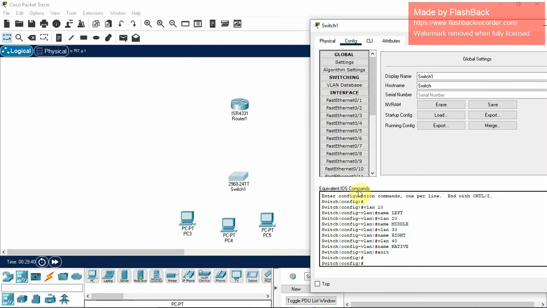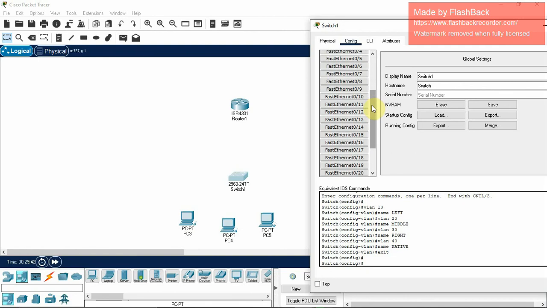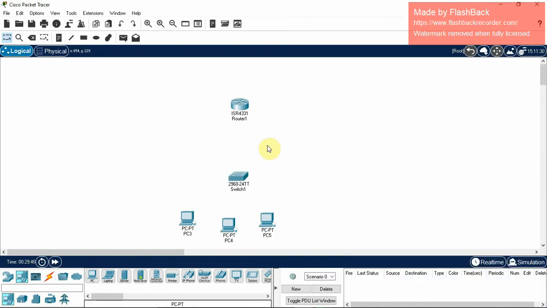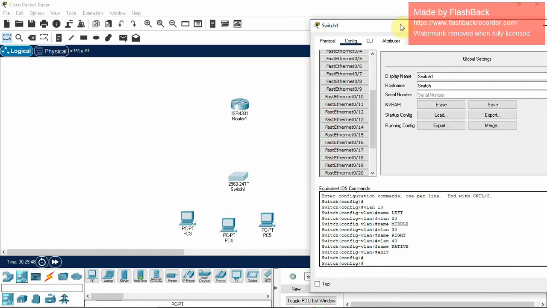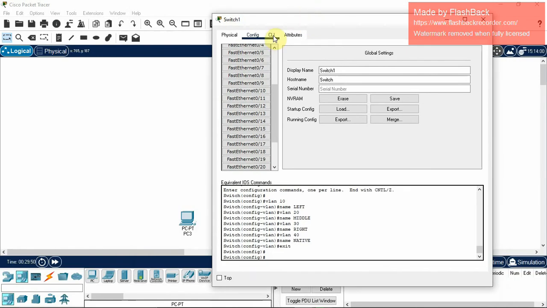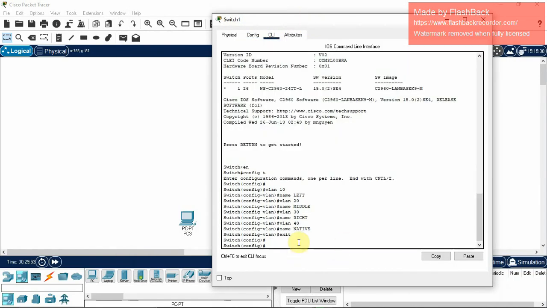So from here we are going to divide the interfaces amongst the 3 VLANs.